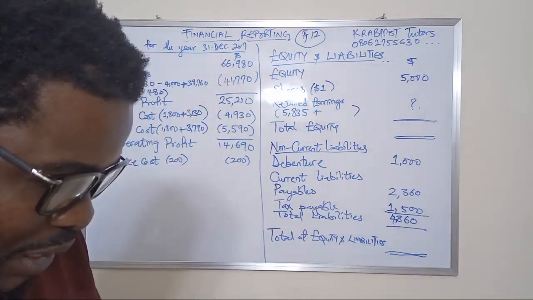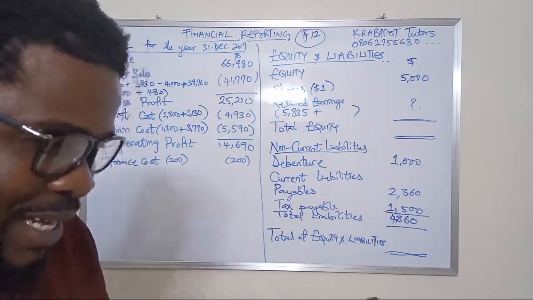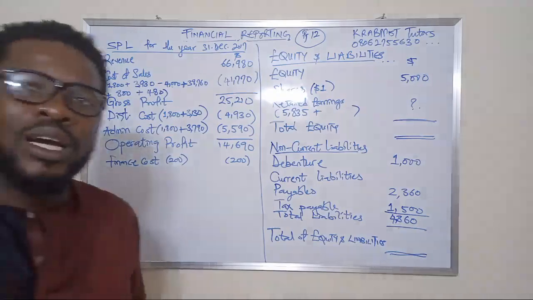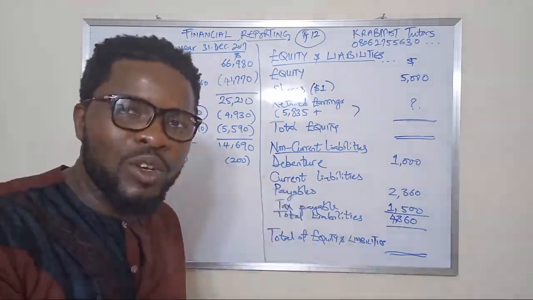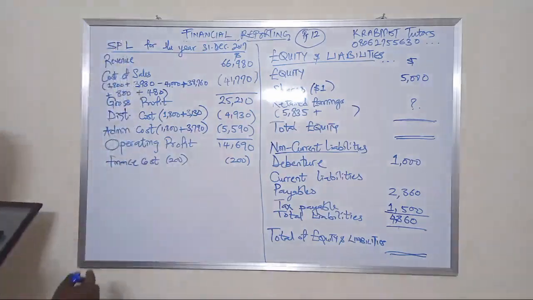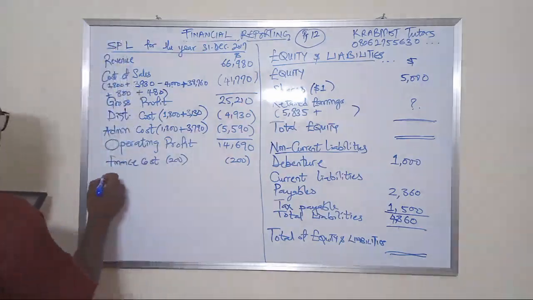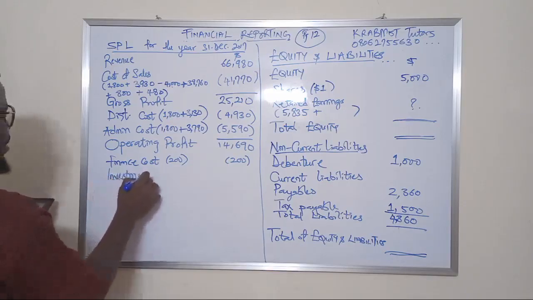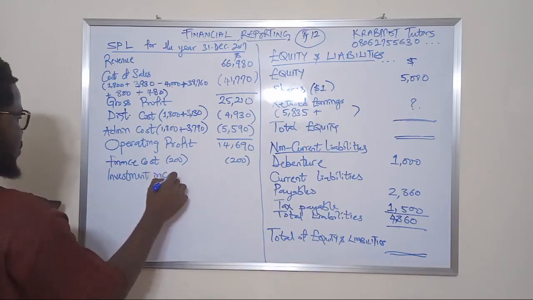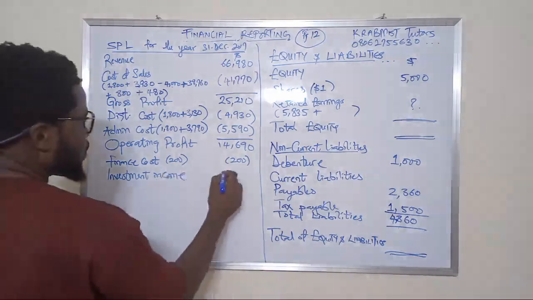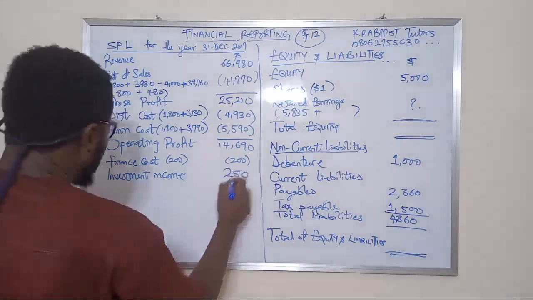What else do we have after loan interest? Investment income. What is an income? If you credit an income, you are increasing it. You debit an income, you are reducing it. So this is investment income. From the trial balance, you see investment income is 250, which is this.